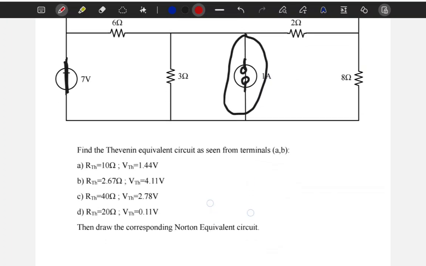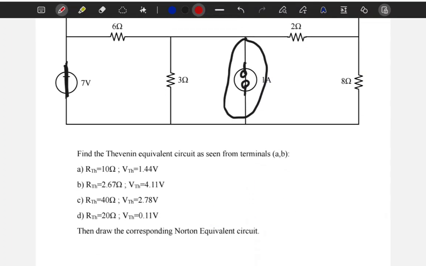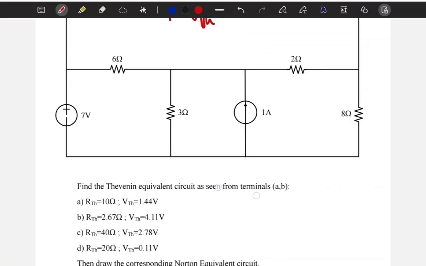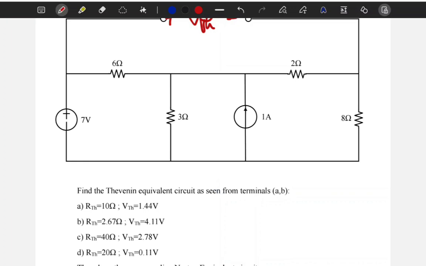So it's clear from here that the answer is B, but I'm going to go a step further and calculate Thevenin for practice purposes, right? Okay, so Thevenin. Now you can do mesh currents, node voltage, KCL, KVL. I'm going to choose node voltage, obviously, because it's the easiest, right?